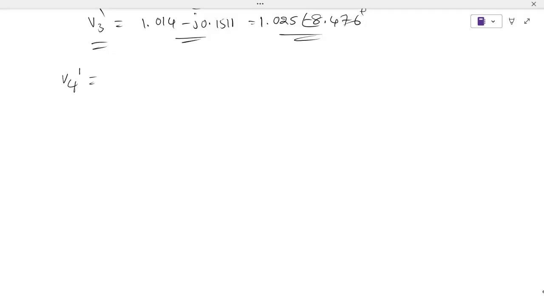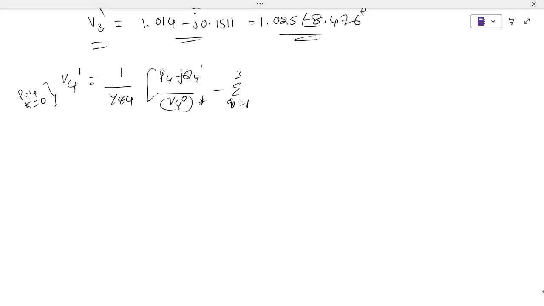V4(1), that is K is equal to 0, P is equal to 4, so 1 by Y44, P4 minus jQ4(1) by V4(0) conjugate, minus sigma Q is equal to 1 to P minus 1, where P is equal to 4, 4 minus 1 is 3, Y PQ VQ(K plus 1).